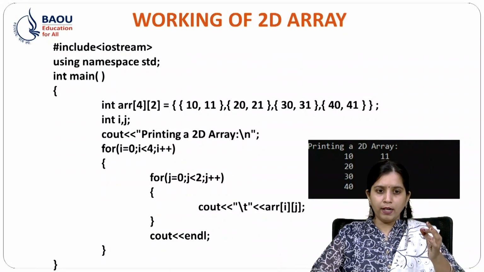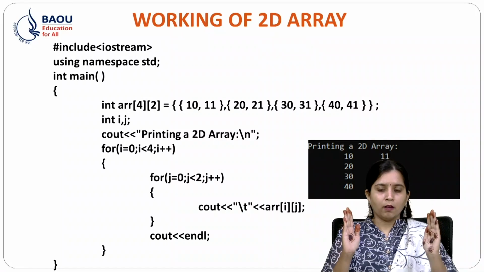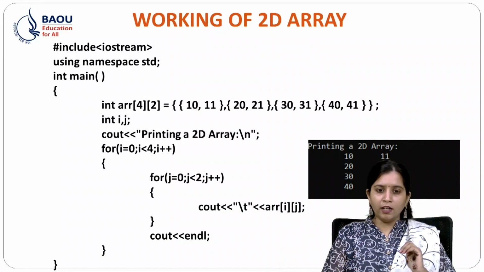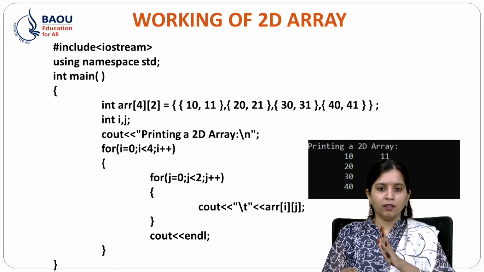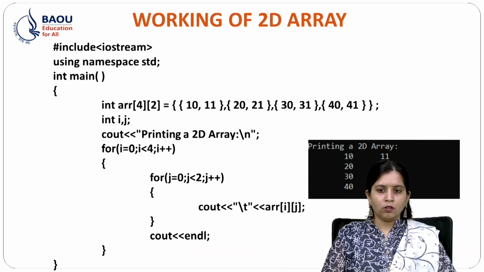So first we will print with cout, printing a 2D array, and after that we have initialized one outer for loop, where we initialize the i variable with 0 and i is less than 4. So what this will do is 0 to 3 will run, and in the inner for loop the range starts with 0 and ends at 2.